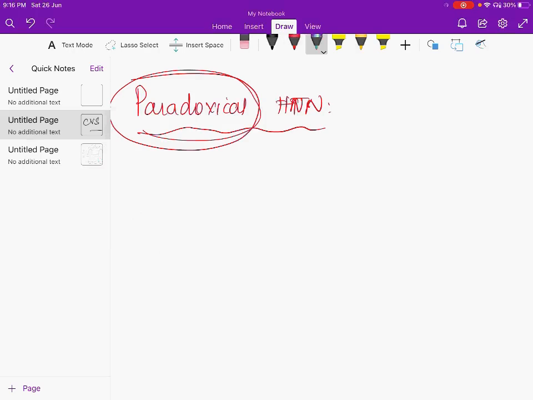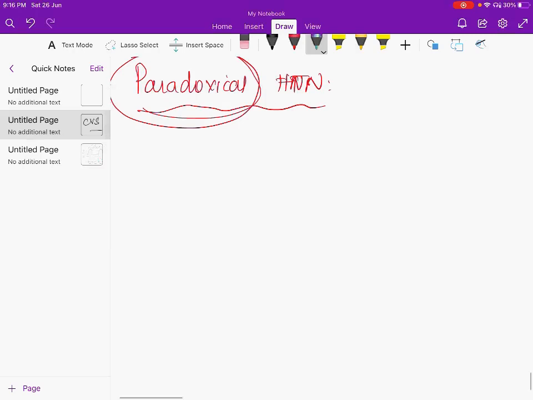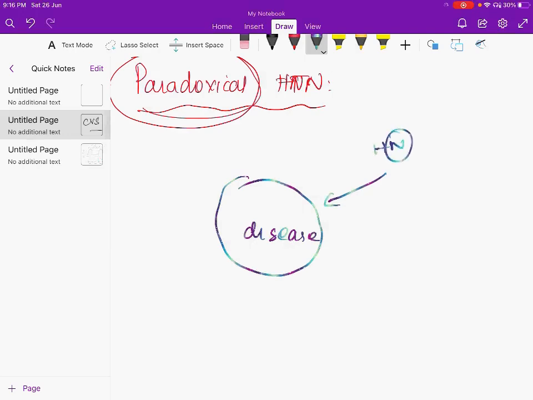Any idea what is this paradoxical hypertension? I'll tell you. Patient is having a disease. So this patient is having hypertension also.